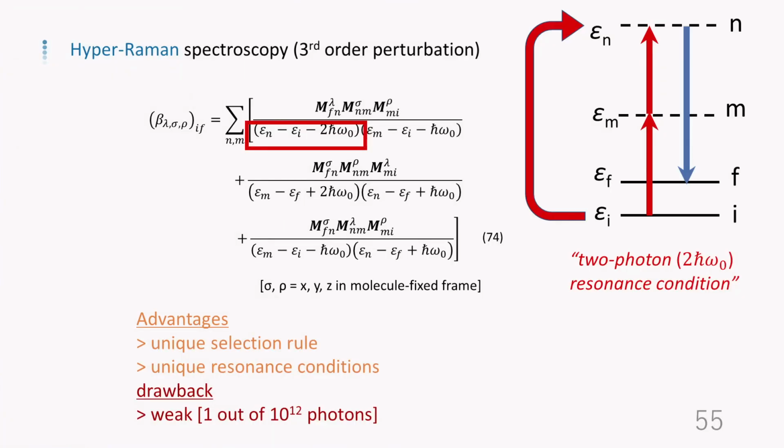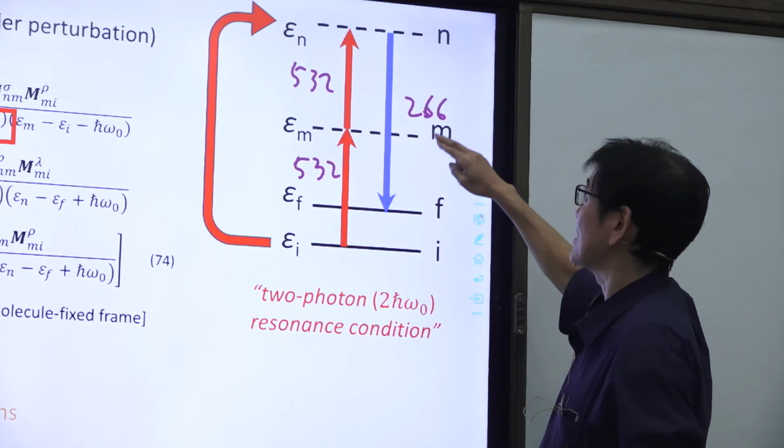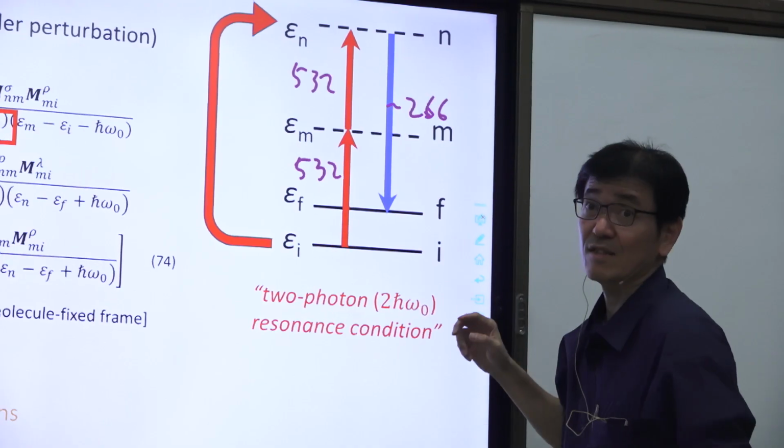And in this case, one process is that excitation occurs twice. So if this is 532, then the excitation beam, the hyper-Raman signal is nearly 266.